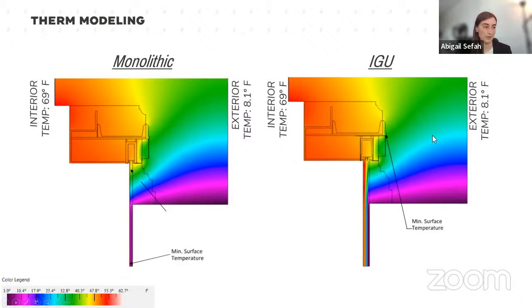With the insulating glass unit, our lowest surface temp actually occurs back here. There's a little void inside the assembly here. But when we look at the insulating glass unit, we see that the inboard surface is all in this red to orange range. So those temperatures look to be about 50 degrees Fahrenheit.